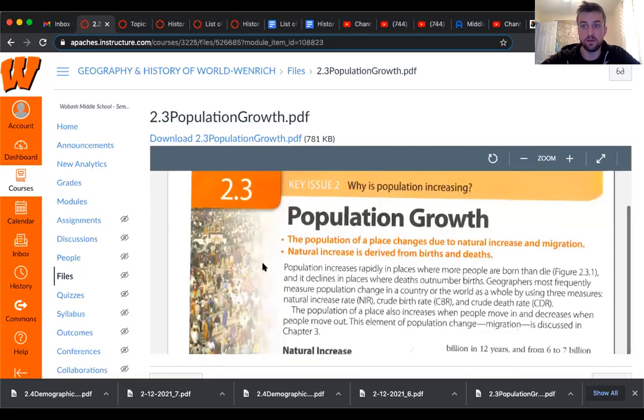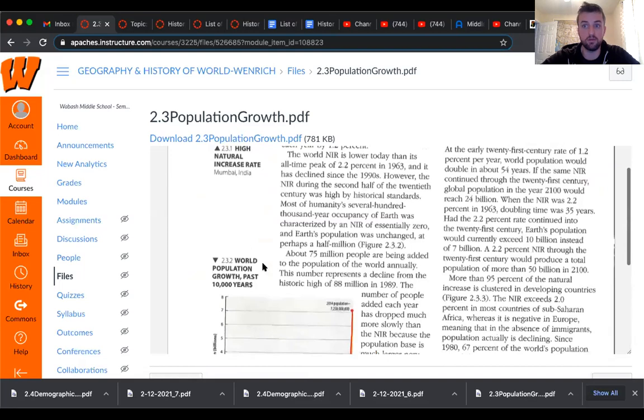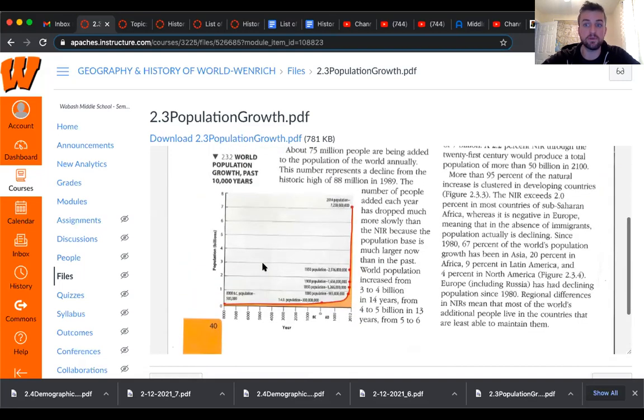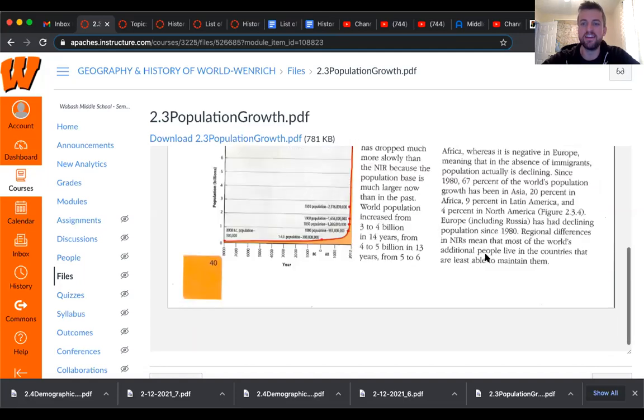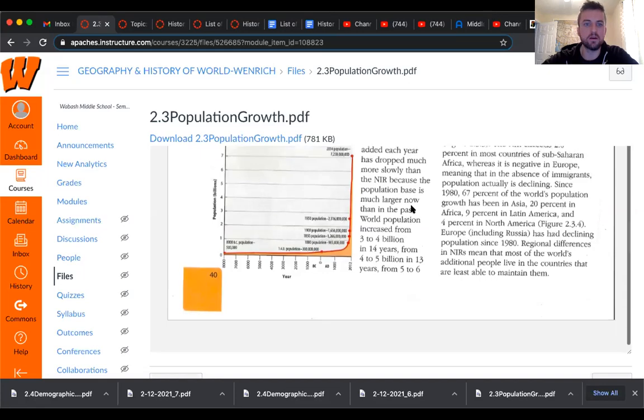And again, once you just get your hands on a population pyramid, which will be covered later in this chapter, you'll see that depending on the country, they're at different spots in the demographic transition.